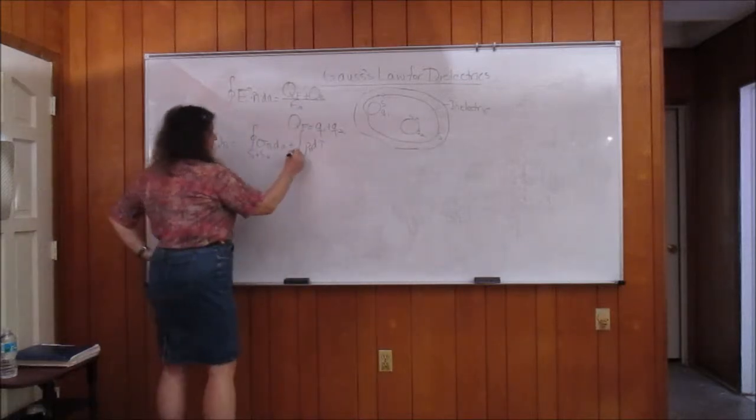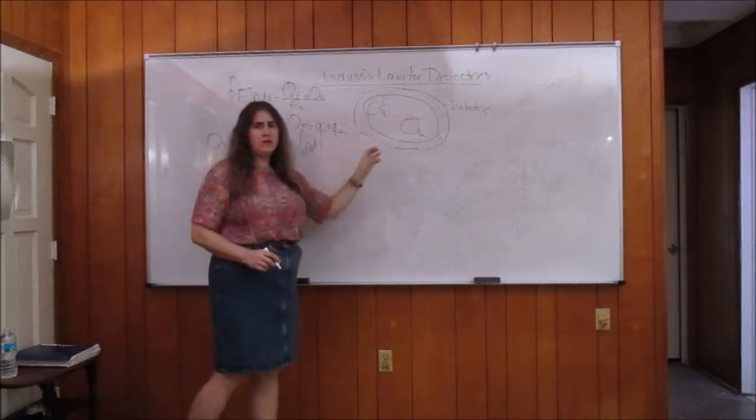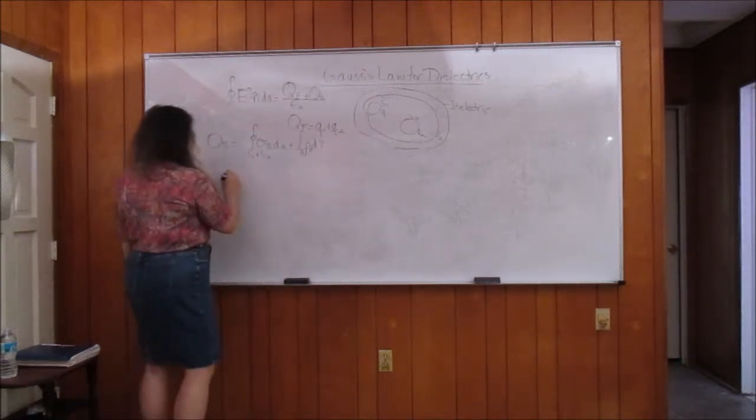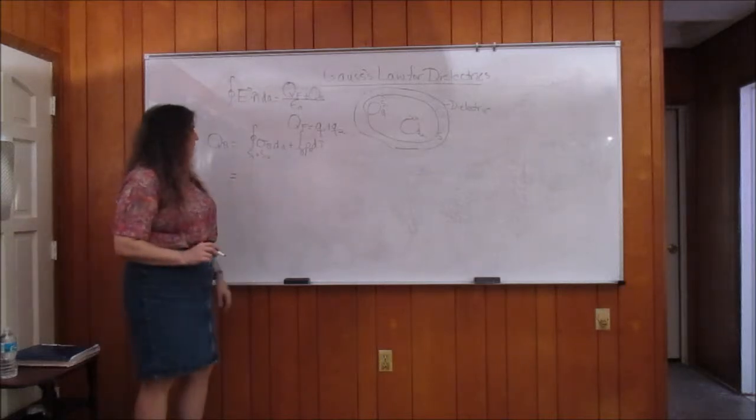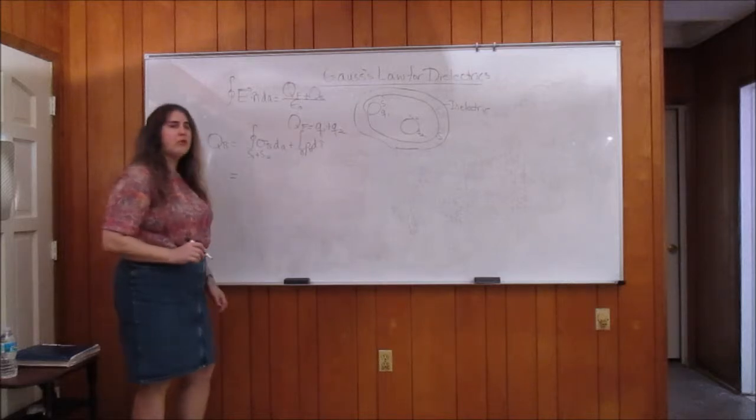Let's consider this term. This is over the entire volume contained within the Gaussian surface. I'm going to write these bound surface charge and bound volume charge densities in terms of the polarization.